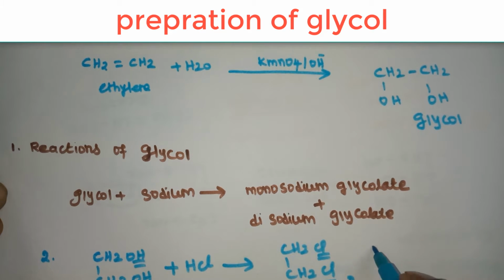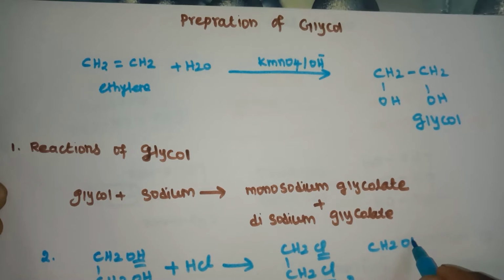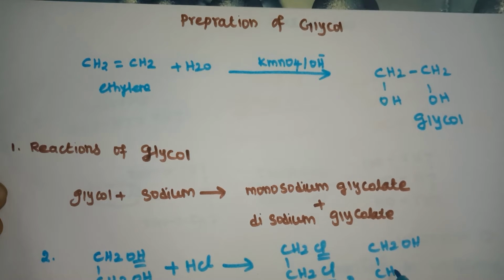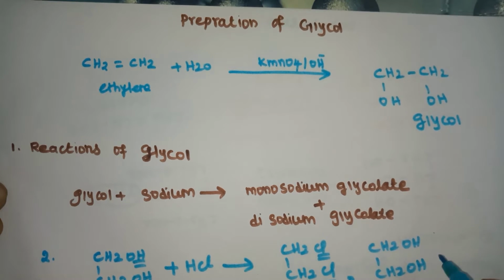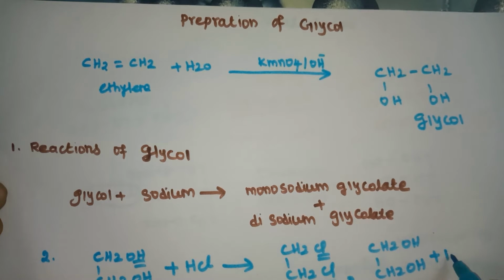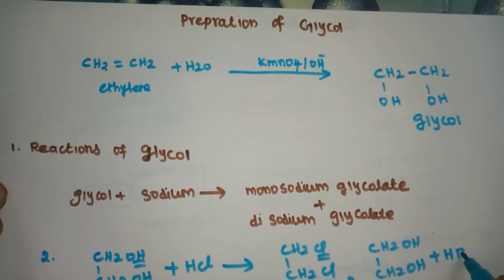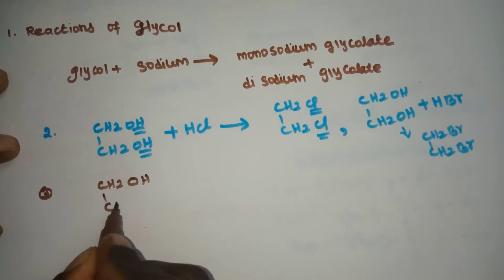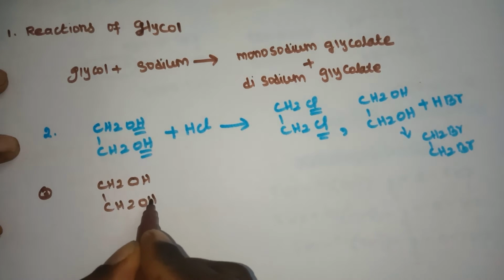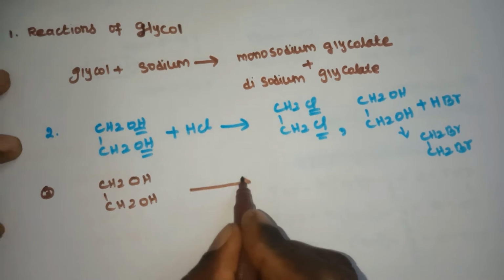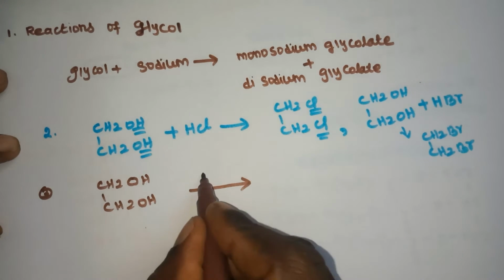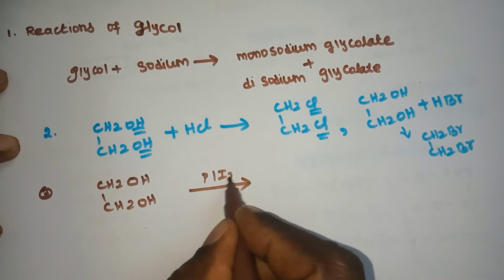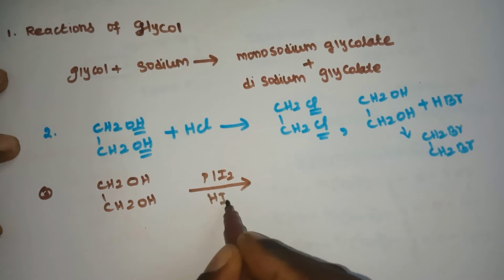Another example, CH2OH-CH2OH, ethylene glycol, reacts with HBr, hydrobromic acid. Ethylene glycol also reacts with phosphorus and iodine or hydroiodic acid.